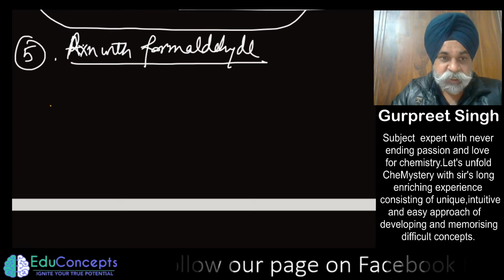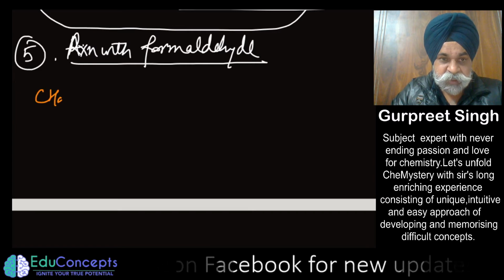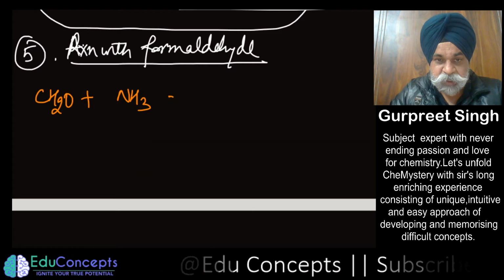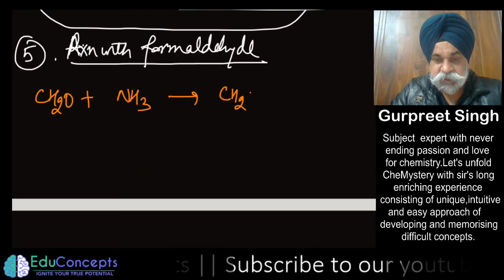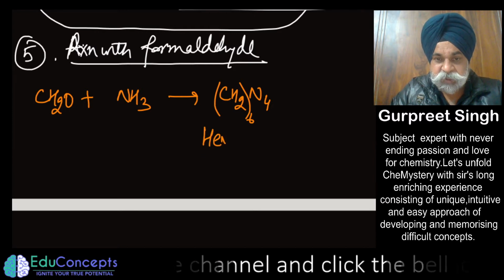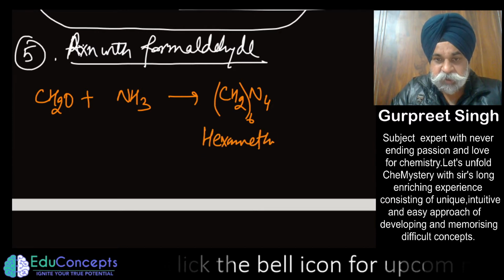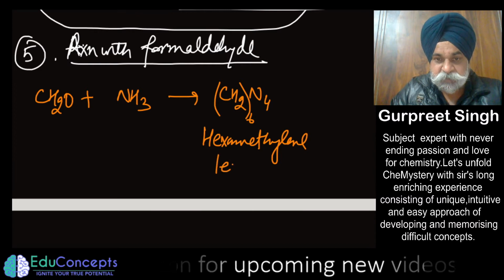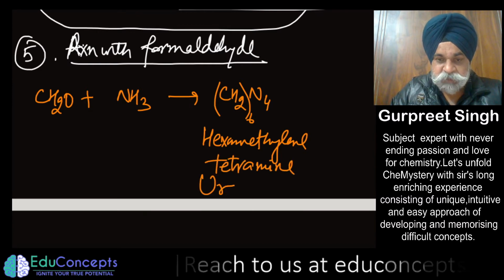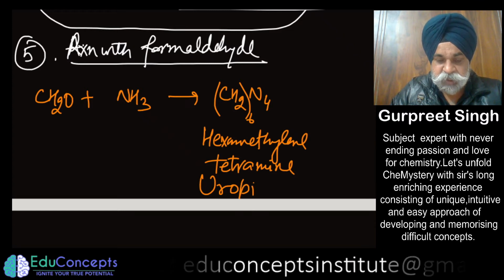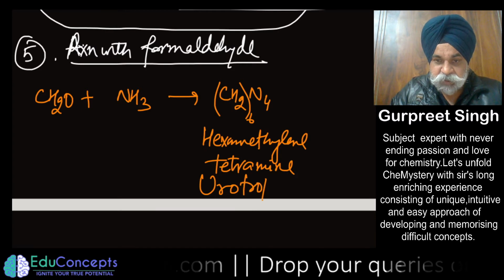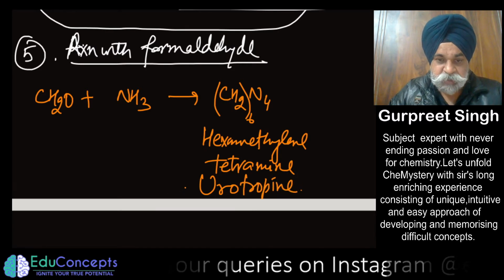If you have formaldehyde treated with ammonia, you end up getting a compound which is called hexamethylene tetramine. This is also a very popular compound of organic chemistry, urotropine. This is a medicine.